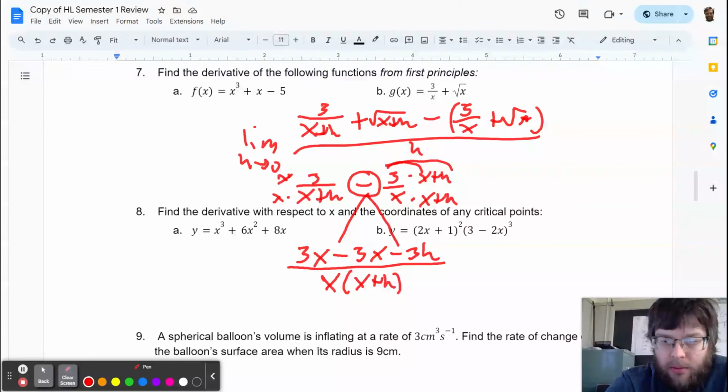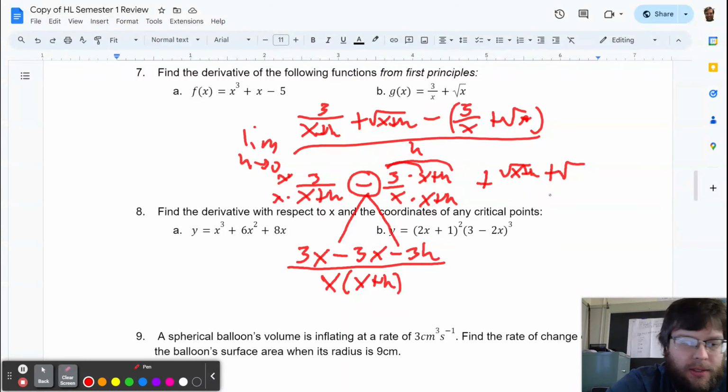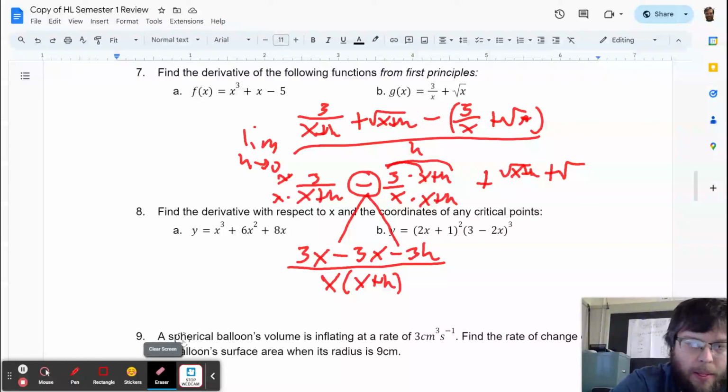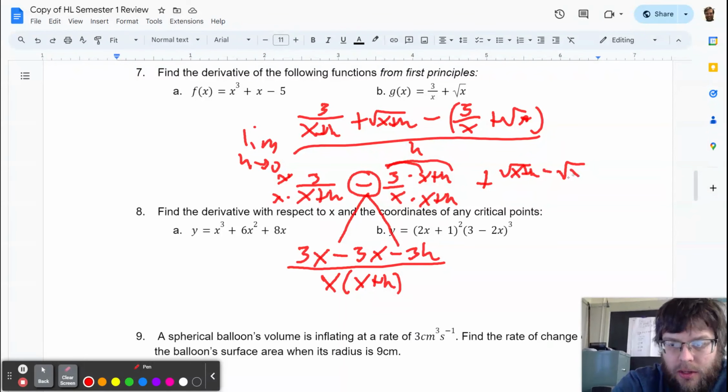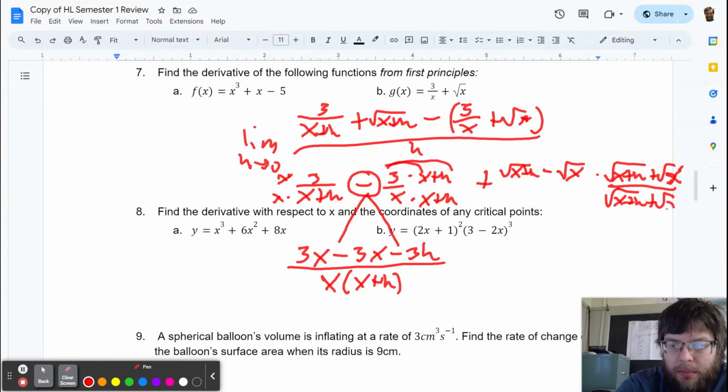With the radical part, I have the square root of x plus h minus the square root of x. And what I'm going to do is multiply that by its conjugate, which means switching that to a plus in the middle. You can't multiply by a conjugate out of the blue, so I'm just going to multiply it by the conjugate divided by itself.